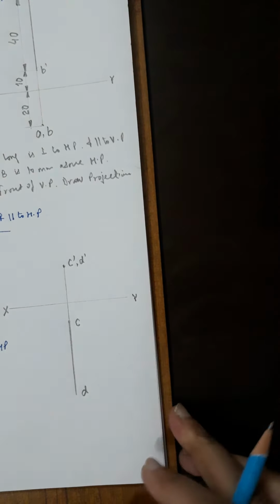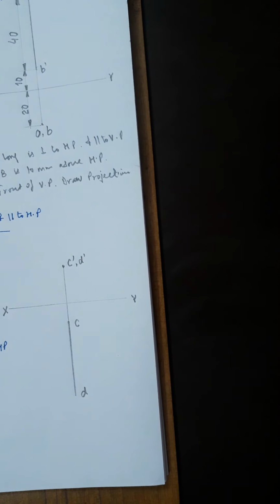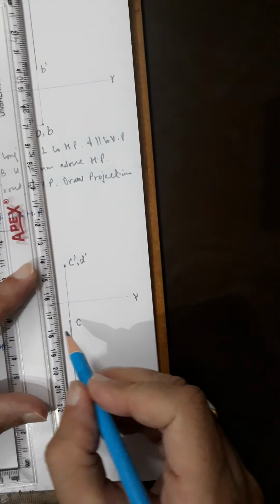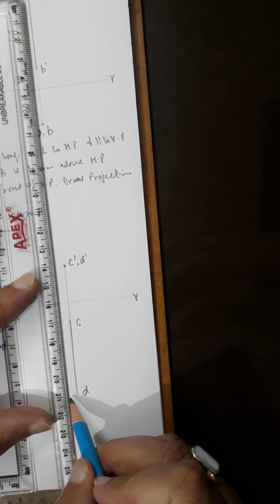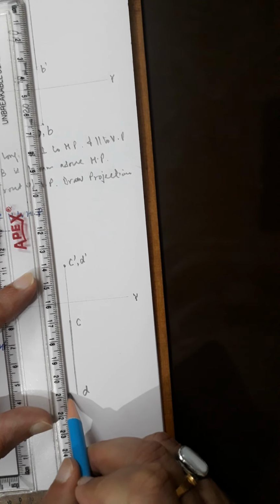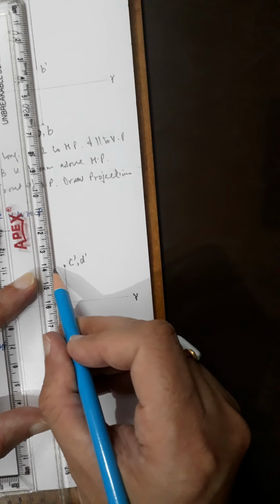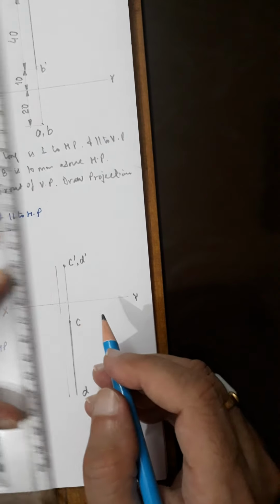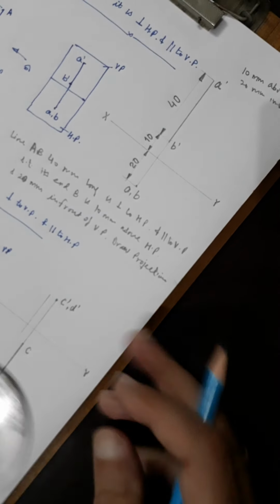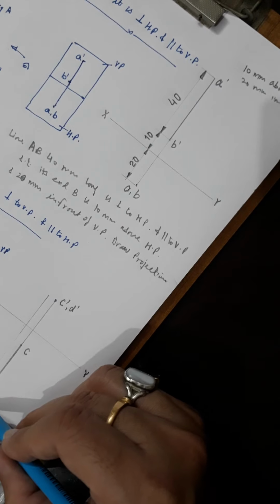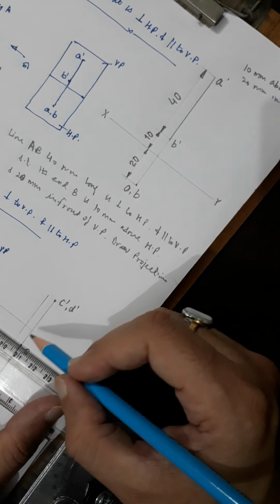Now I would like to add dimensions to this. Okay, so this is 10 mm. Now this length is 40 mm, the line is 40 mm long. Okay, now I will just draw the dimensions first, then I will give the statement of the line. Okay, so just drawing the dimensions.